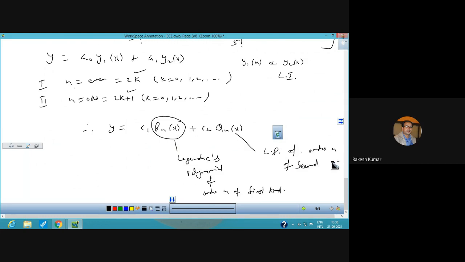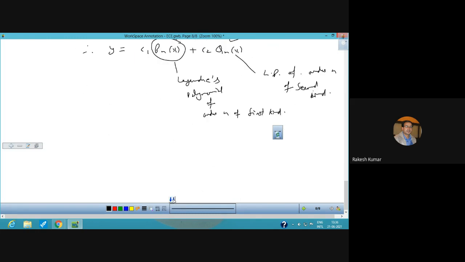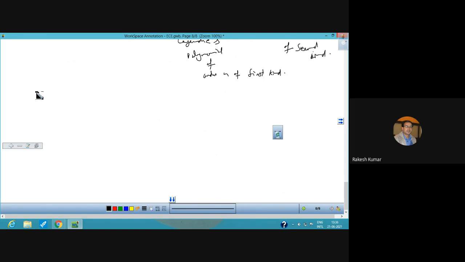Now this is the difference. ये दोनों का अलग अलग नेमिंग कर दिया. c1 Pn(x), c2 Qn(x). So these are Legendre's polynomials of first kind and second kind of order n. So this is important to find out the solution of Legendre's equation. Now one more important formula, that is Rodrigues formula.